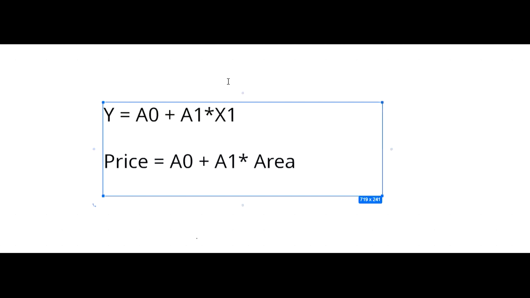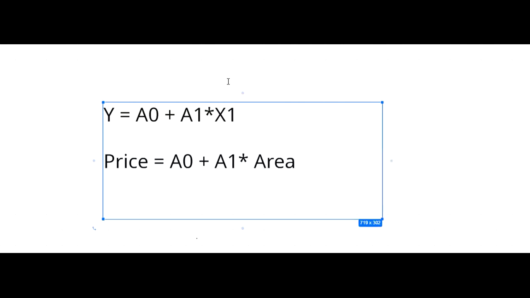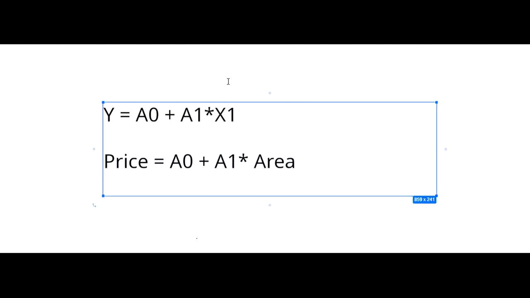You can do it explicitly yourself, just calculate the area squared and then do a regression with two columns. But the interesting thing is, what if you have something beyond this?